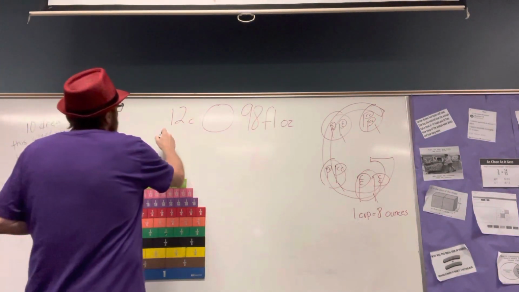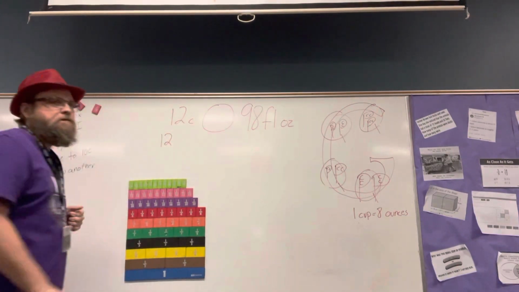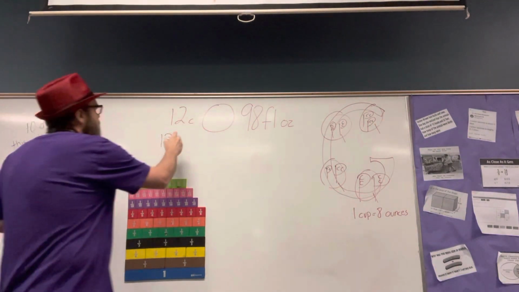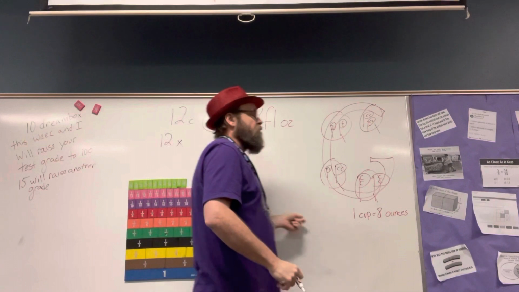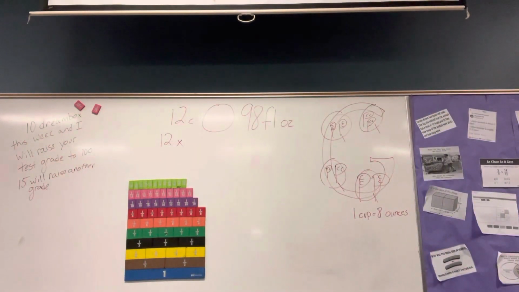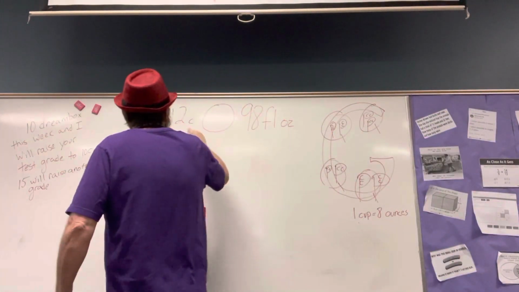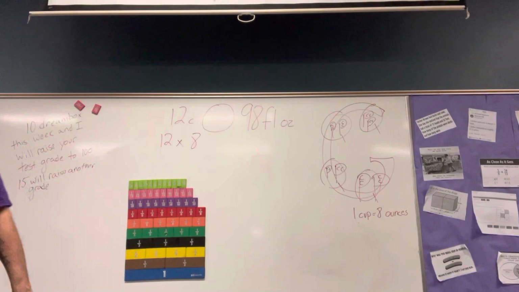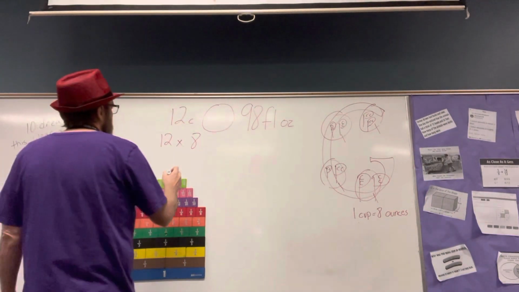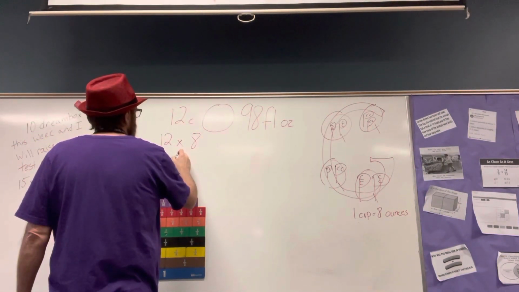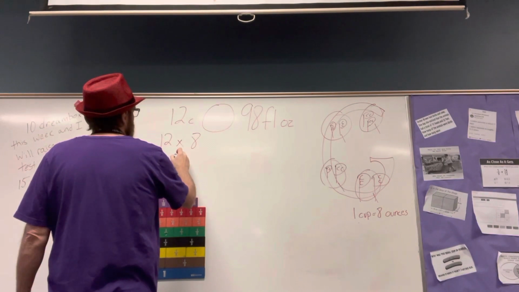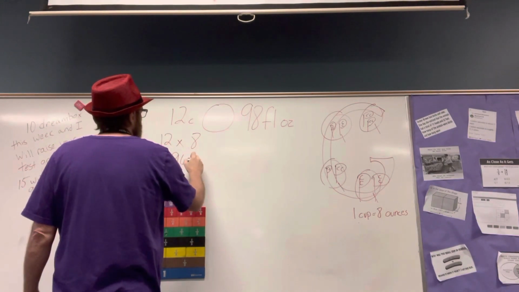So we have the number of cups multiplied, Kira, by number of ounces in each cup, which is 8. And 12 times 8 is what, Kira? 96.